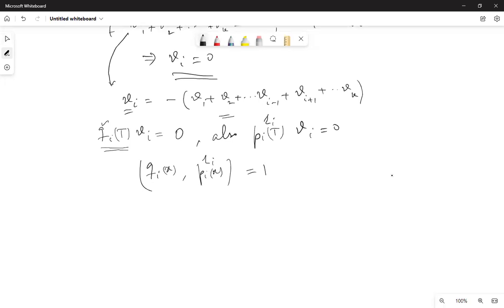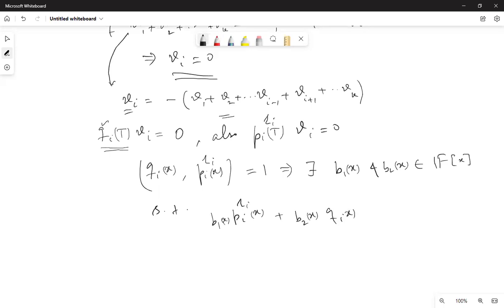Again, I have b1(x) and b2(x) belonging to F[x] such that Pi(x) raised to ri into b1(x) plus b2(x) into Qi(x) is equal to 1.